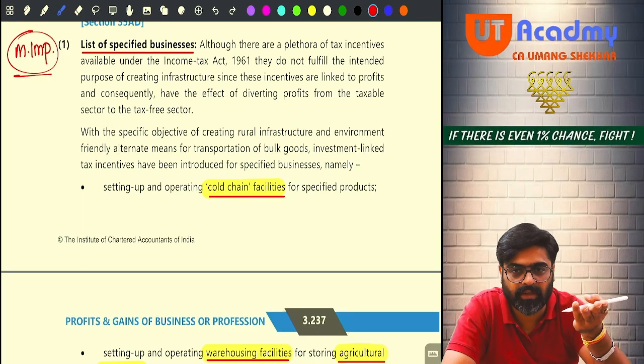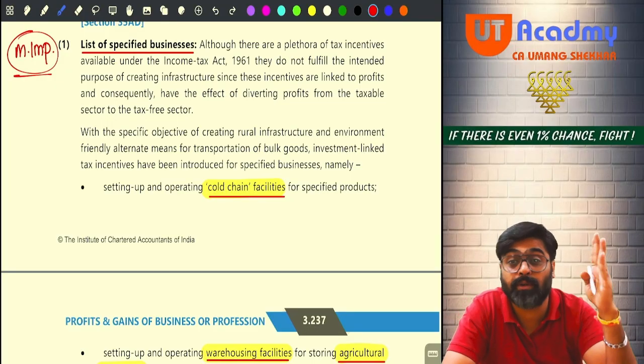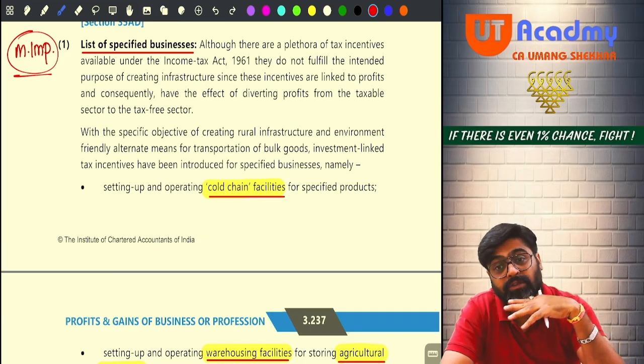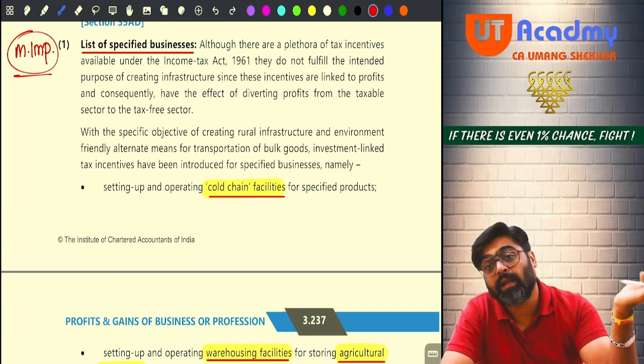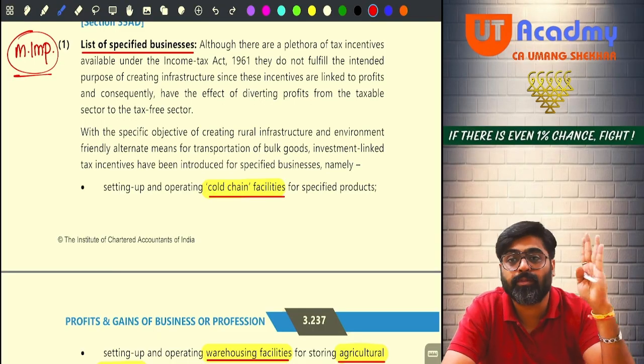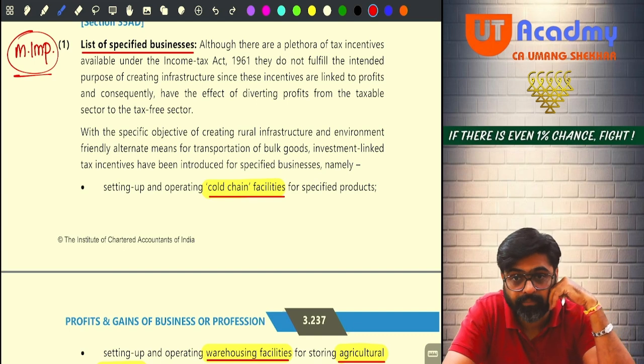For some businesses, the date specified was 1st April 2007, for some 1st April 2009, for some 1st April 2010. Then a few more businesses were inserted with the date 1st April 2012.